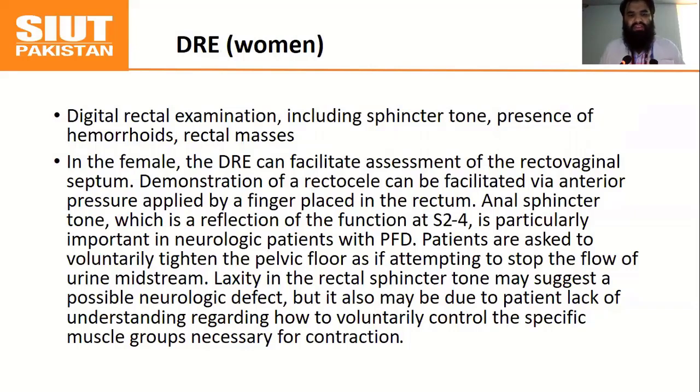Patients are asked to voluntarily tighten the pelvic floor, as if attempting to stop the flow of urine midstream. Laxity in the rectal sphincter tone may suggest a possible neurological defect, and may also be due to the patient's lack of understanding regarding how to voluntarily control the specific muscle groups necessary for contraction.